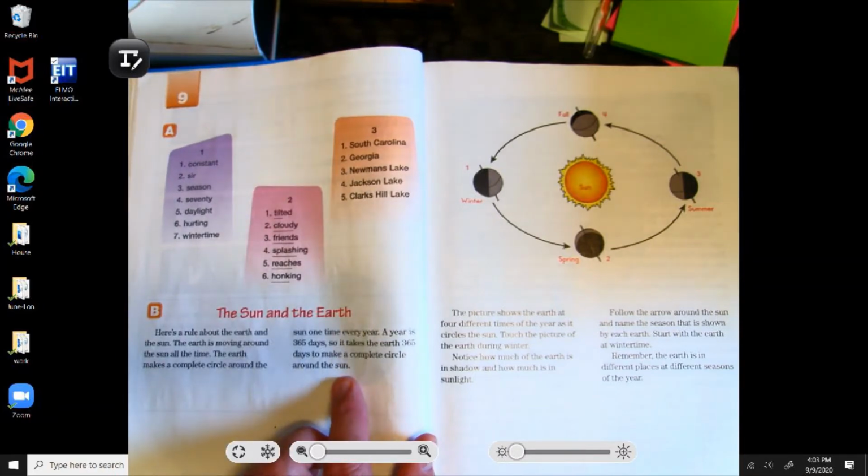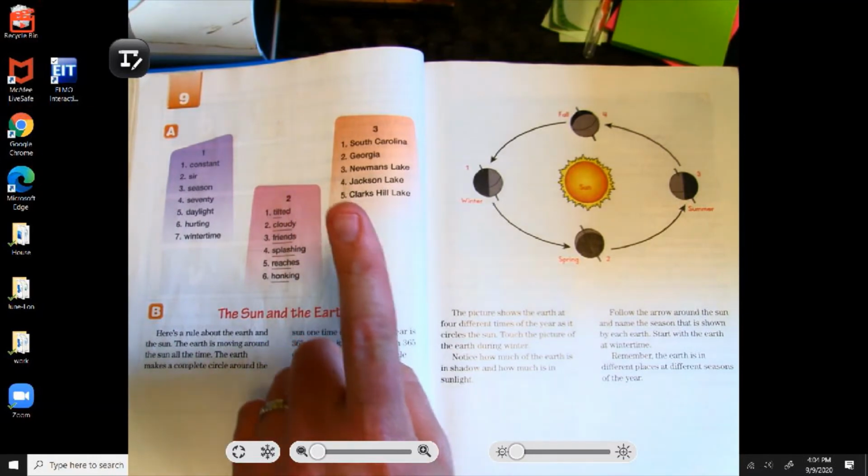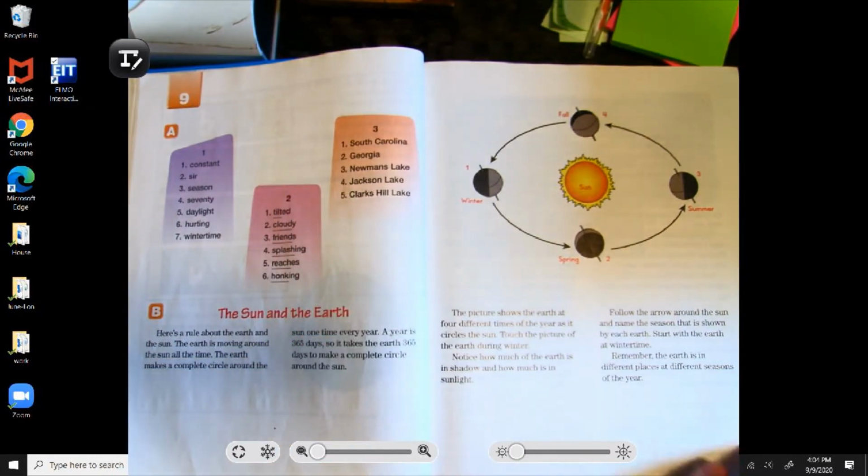So scholars, how many days are in a year? 365. So how many days does it take the Earth to circle the Sun? 365. So how many years does it take the Earth to circle the Sun? 1 year. That 1 year is 365 days long.